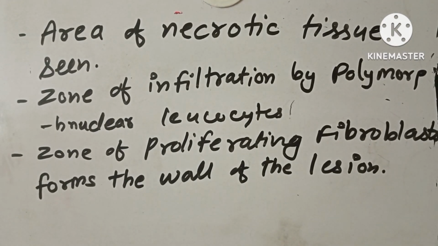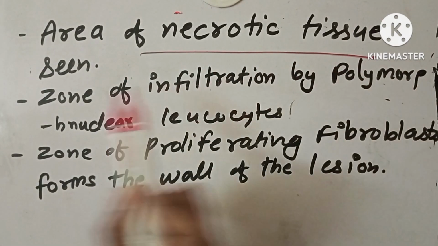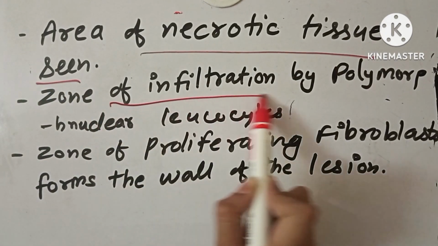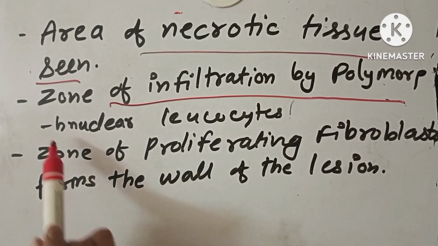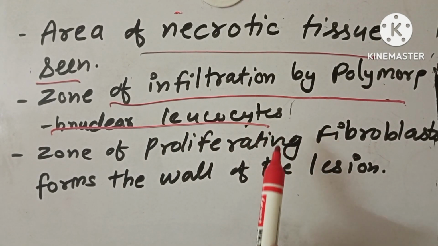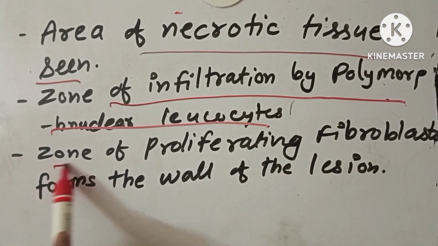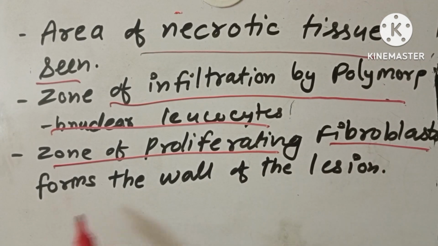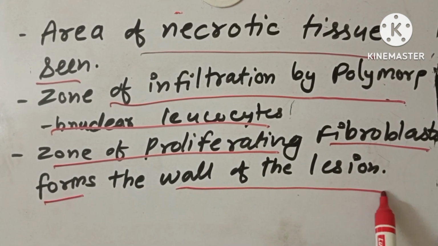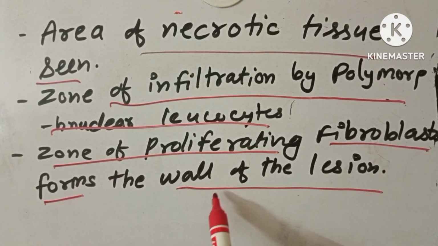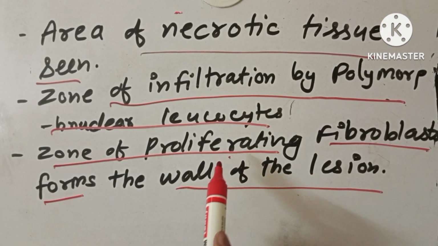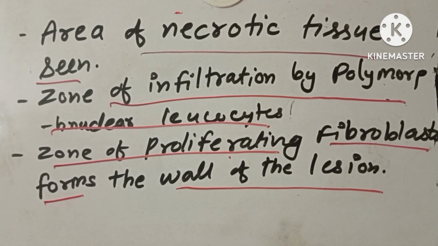Further, we see areas of necrotic tissue, a zone of infiltration by polymorphonuclear leukocytes, and a zone of proliferating fibroblasts forming the wall of the lesion, because of the pulp's self-protecting reaction. It's called self-protection of the pulp.